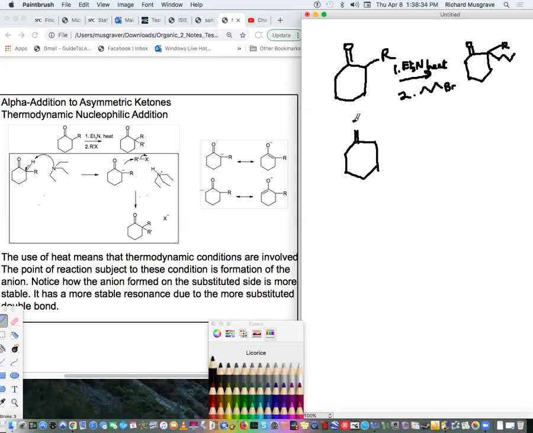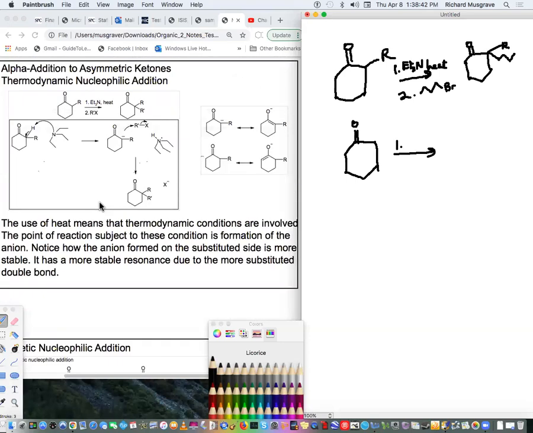However, if we change the conditions around and we use, let's see, I think it's LDA, yeah, minus 78 degrees, and we do the same thing, you can see that the product is going to be the one where the alkyl group is connected to the carbon on the other side.